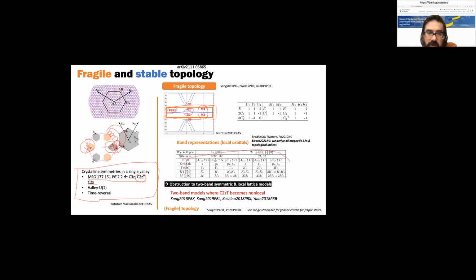And for this symmetry group, these are the representations of localized orbitals at all high symmetry points in the Brillouin zone. So for example, this is a PZ orbital at the A position, this is a PZ orbital at the C Wyckoff position, etc.